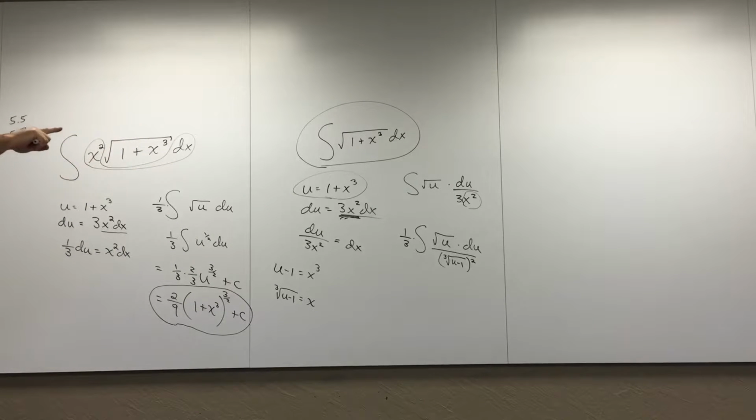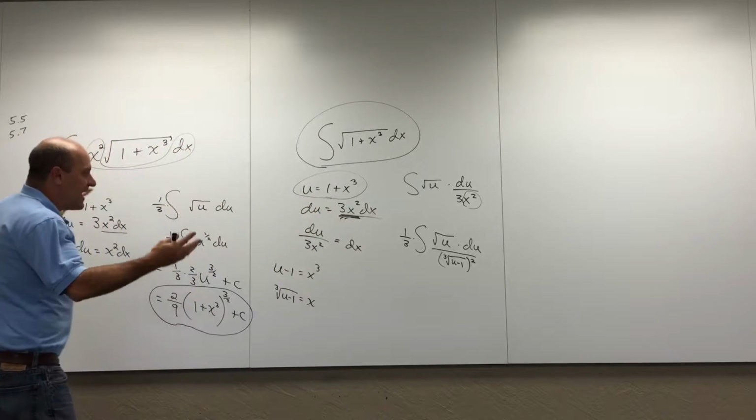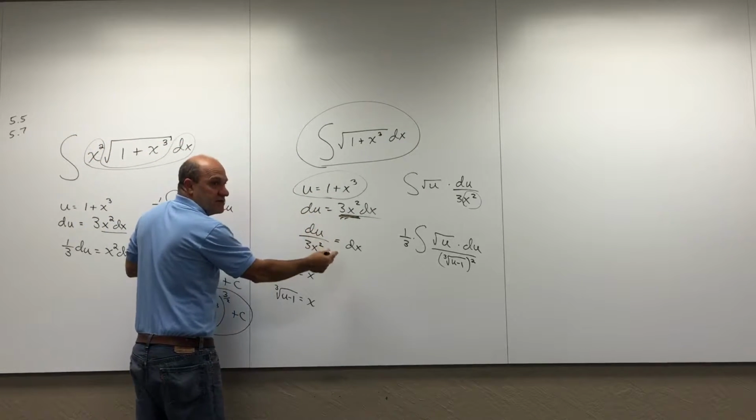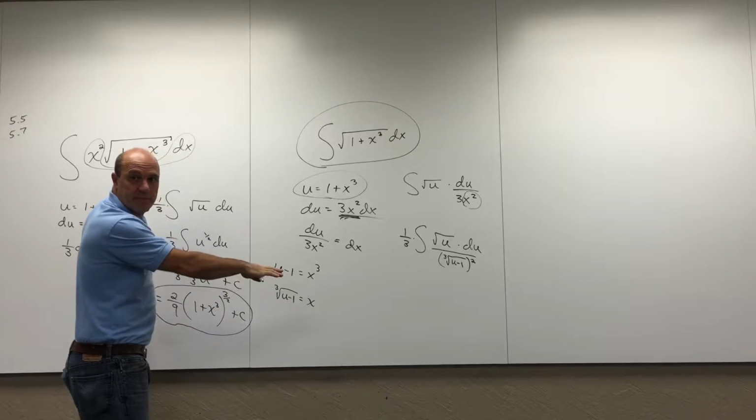Even though this one has this extra x squared, it's a much nicer problem. We needed the extra x squared for the du. So this is a beautiful problem, and this is not. It has to do with the importance of the du dx relationship.